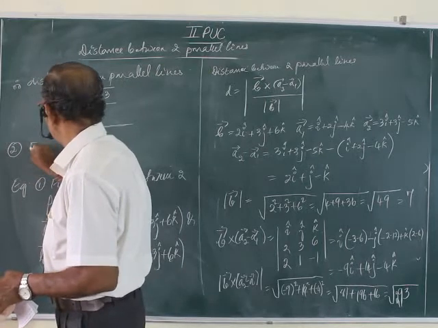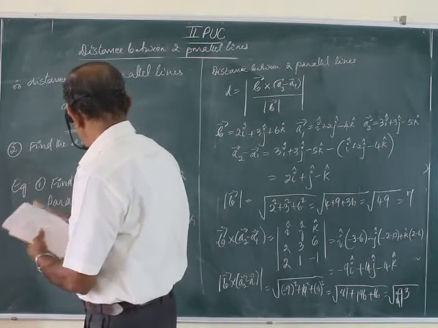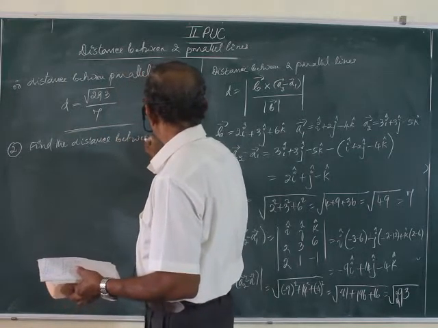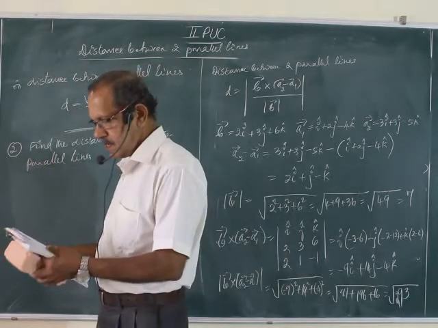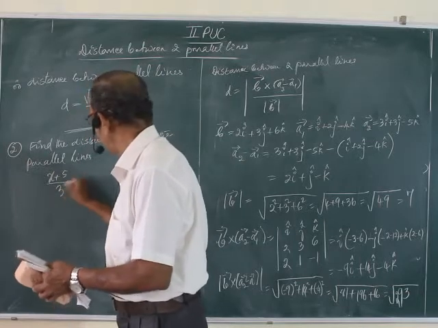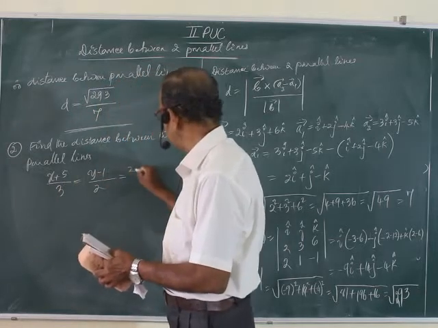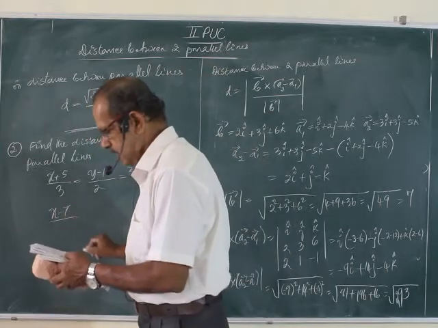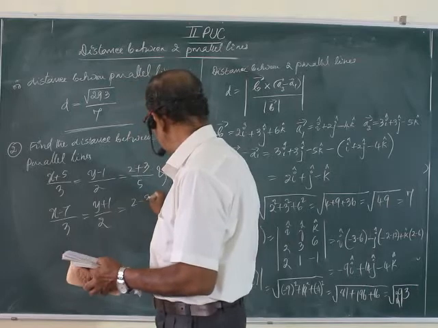Problem number second is find the distance between the parallel lines: x plus 5 by 3, y minus 1 by 2, z plus 3 by 5, and x minus 7 by 3, y plus 1 divided by 2, z minus 3 by 5.